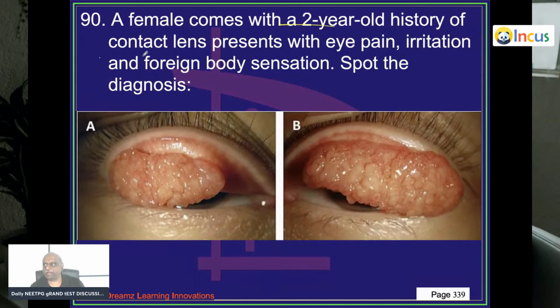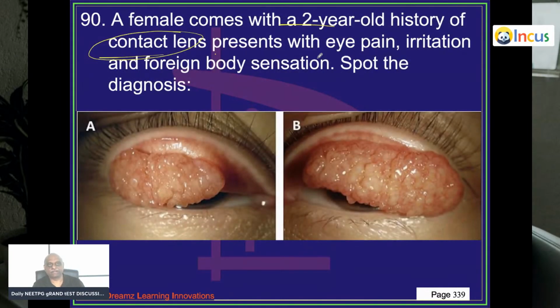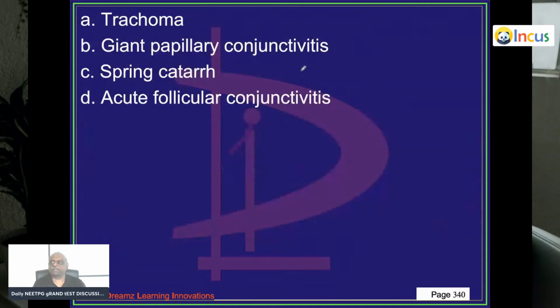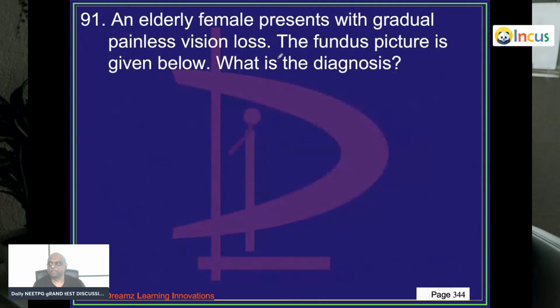Watering eyes, epiphora, and a cloudy cornea. A female with 2-year history of contact lens use, with eye pain, irritation, foreign body sensation. In contact lens, what is the complication? Giant papillary conjunctivitis.